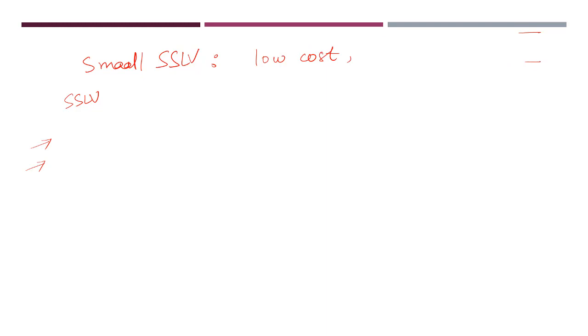But SSLV will have a lower turnaround time, so that the next mission can be launched in lesser time than is required for PSLV or GSLV. Then, with SSLV, we will be providing an on-demand service. That is, if you are able to pay for SSLV, then we can provide you an exclusive launch. See, PSLV was placing many satellites.